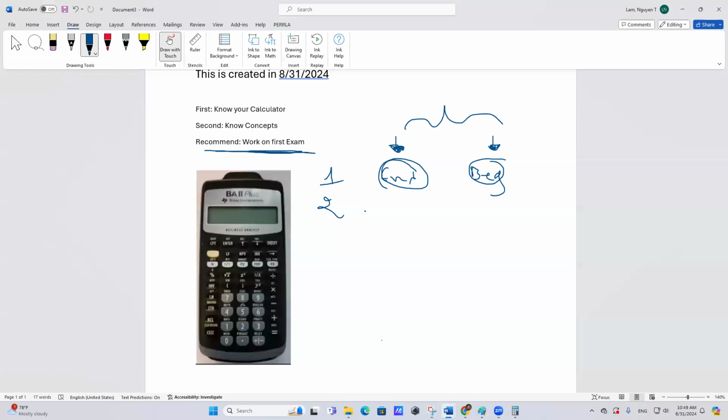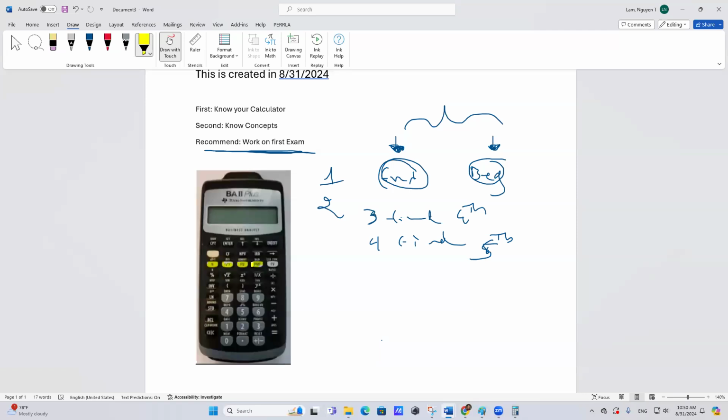Second thing to watch out for is something called three find fourth. They're gonna give you three things and you find a fourth thing, or they're gonna give you four things and you have to find the fifth thing, and those are these right here.